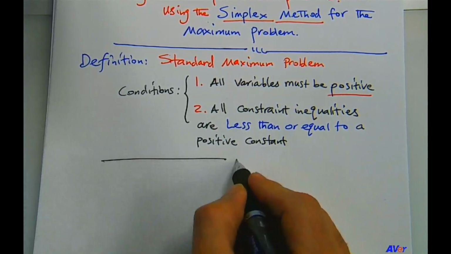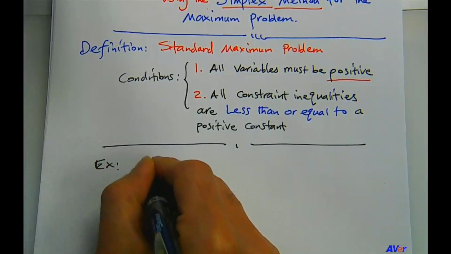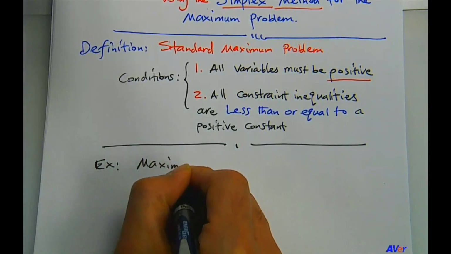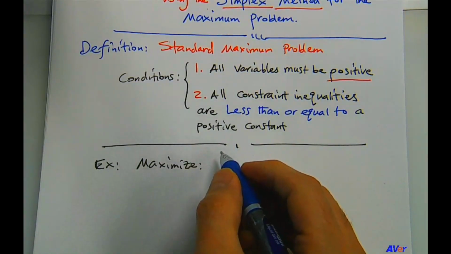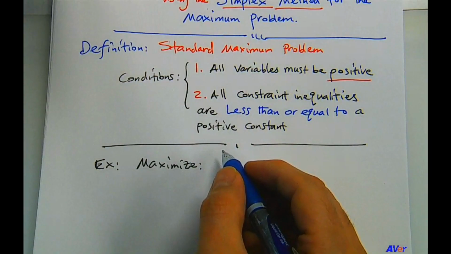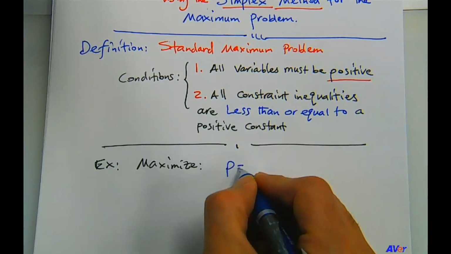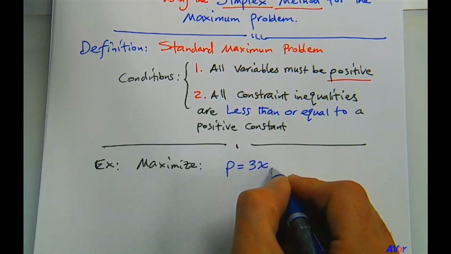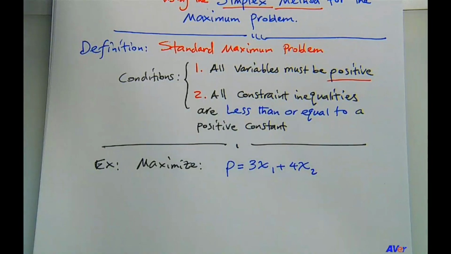Suppose we want to maximize this objective function. We already know what an objective function is, right?